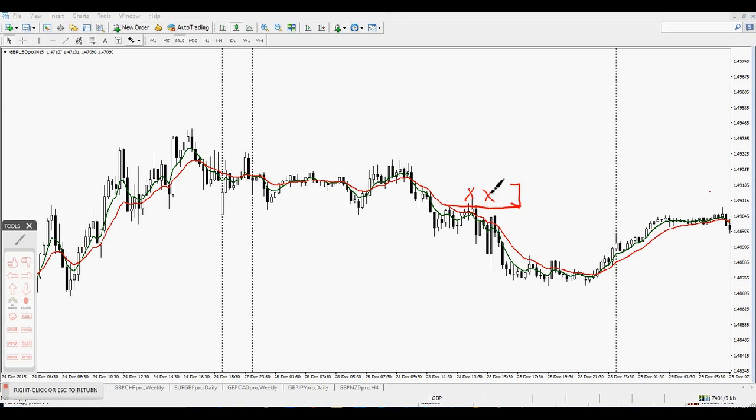Well, the major money knows that their stops are here. So if they need to get some liquidity to go short, they will move the price up here to stop these people out.